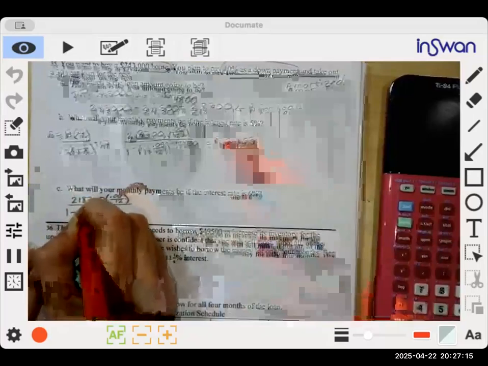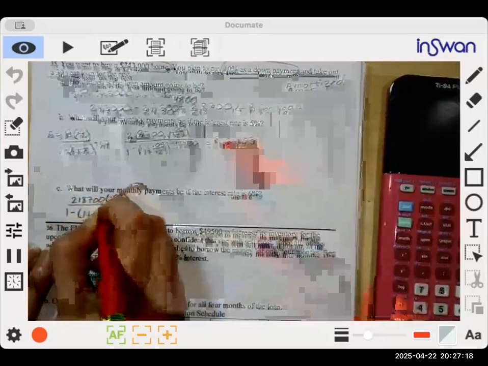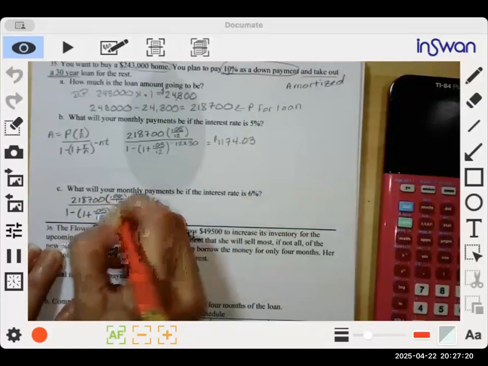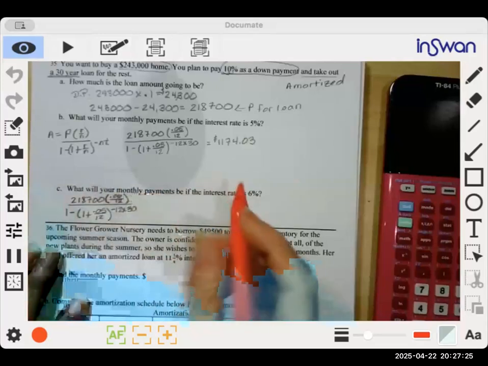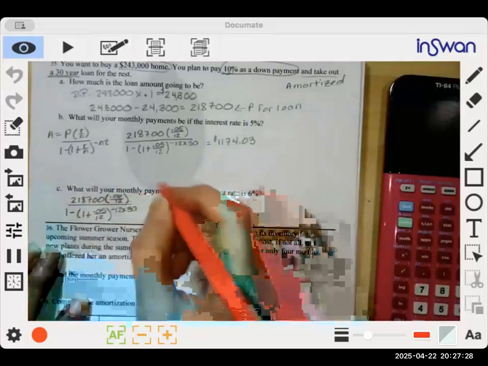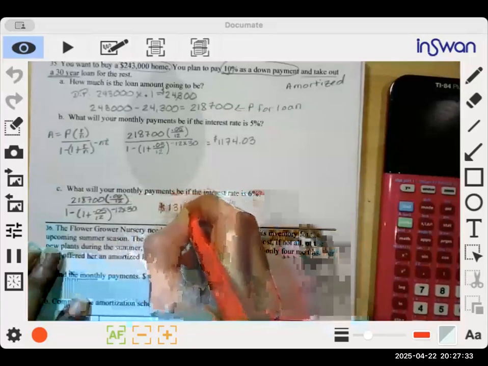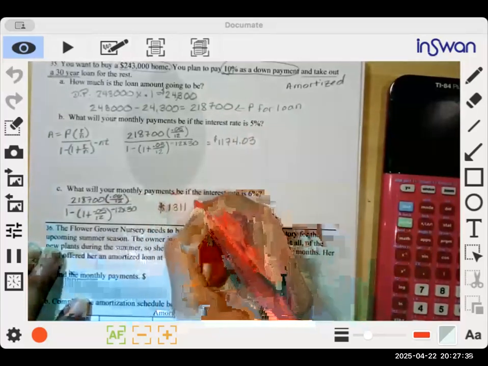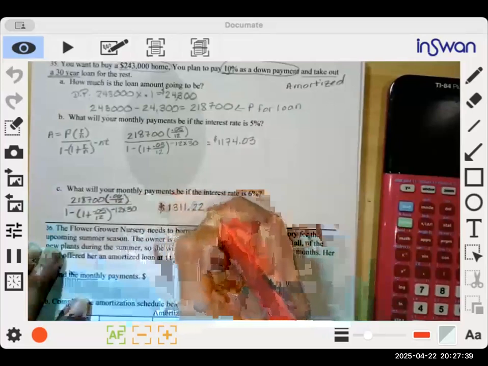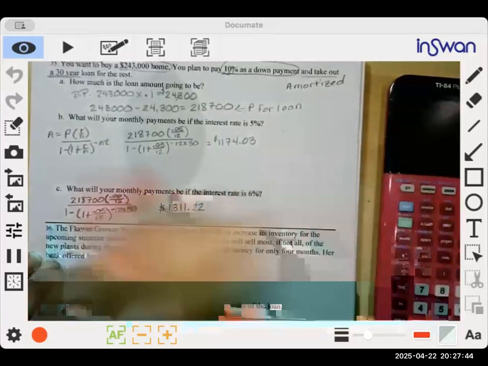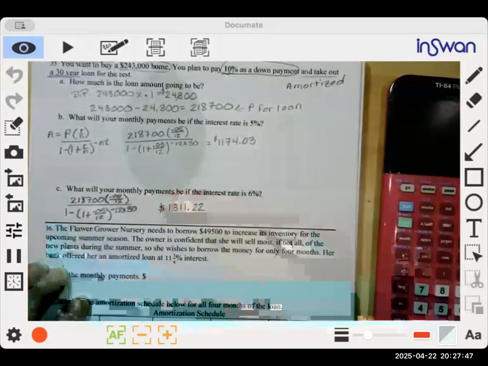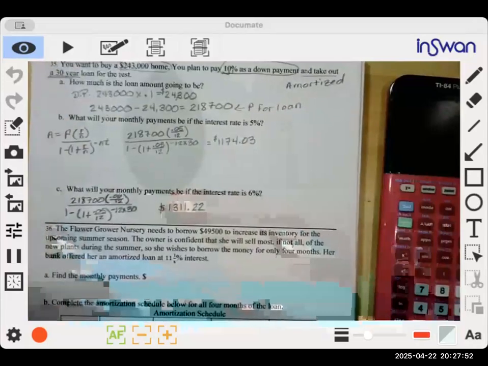It's kind of nice so you can see the difference in the amount of money that this involves. So at the rate of 6%, the payment is 1,311. So it's about $200 more. So you always want to go for the lowest rate you can find. Any questions on 35?